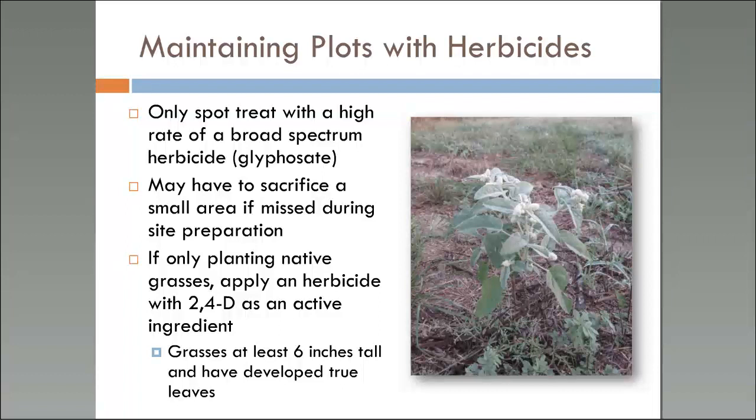But this is active on broadleaf forbs, so you want to make sure your grasses are at least 6 inches tall and have developed true leaves. There's some disagreement in how many exactly true leaves you need before you spray, but make sure that plant has some height so that the herbicide doesn't ding it at all when it's still young.